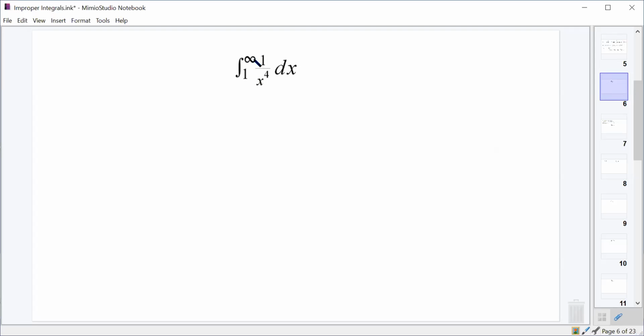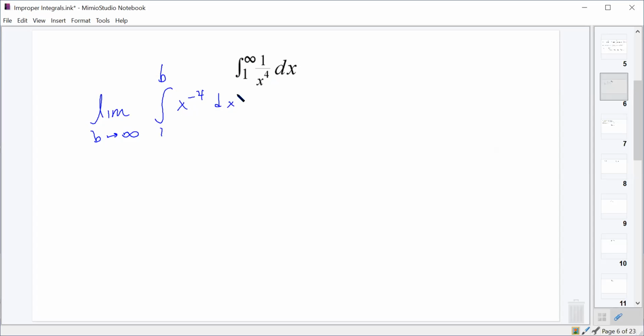Clearly, we have an improper integral because we're going towards infinity. So we're going to rewrite this as a limit as, and pick a variable, pick any variable you want. We will use a, b, c, q, z. B. Nick says b. All right, the limit as b approaches infinity of the integral from 1 to b. Then I'm going to rewrite this as x to the negative 4th dx.